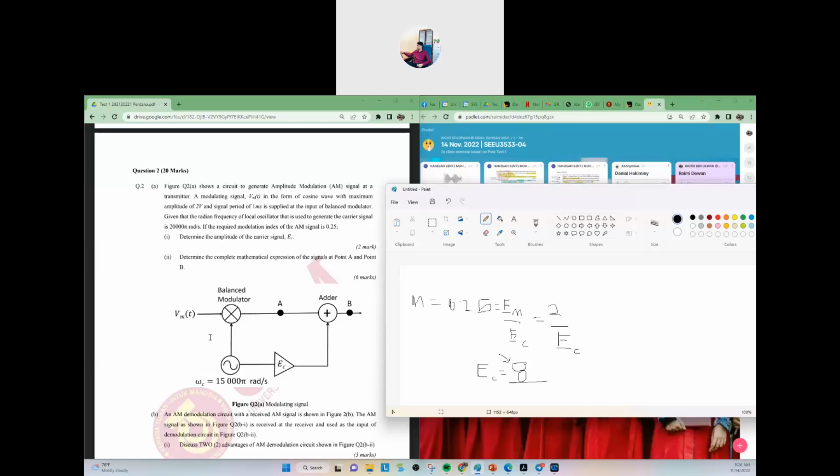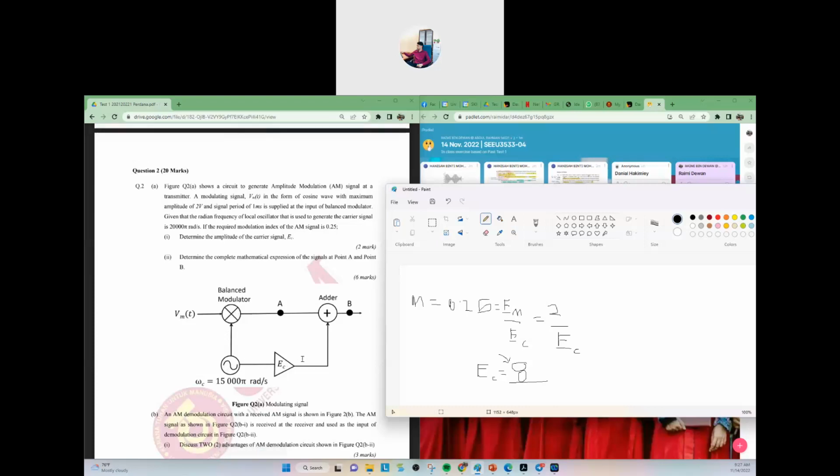So it is actually DSB FC, because we have the carrier component that should be added together. If we want double sideband suppressed carrier, we don't have anything to be added here, totally zero, no connection. For double sideband suppressed carrier, we only have VMT and omega C, then we mix them and go directly.